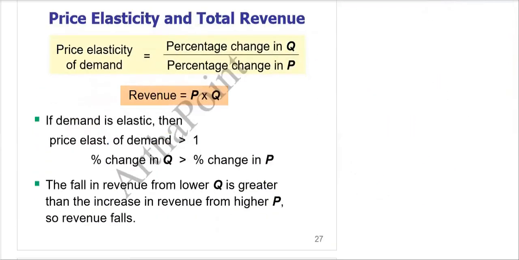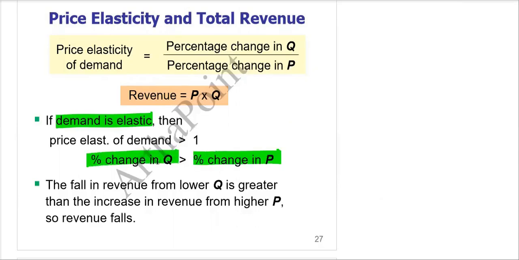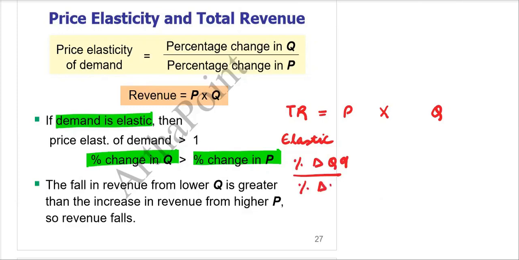So if your demand is elastic, this means that the percentage change in quantity demanded is more than the percentage change in price. So whenever I talk about total revenue, this is price into quantity. When it is elastic, this means that the percentage change in quantity demanded due to the percentage change in price is greater than 1.